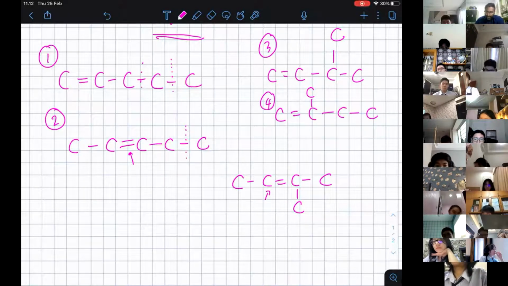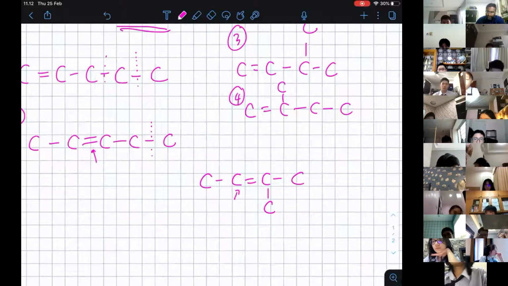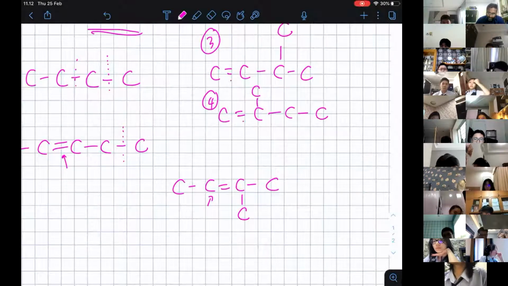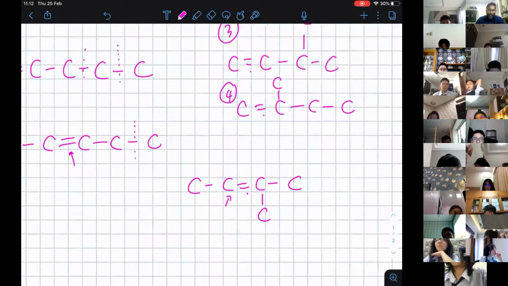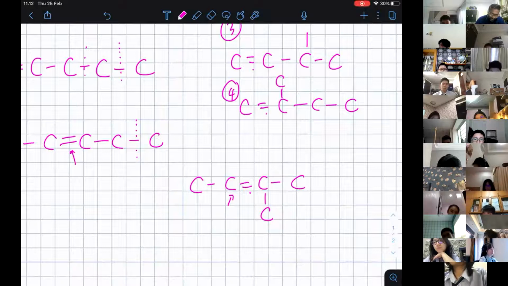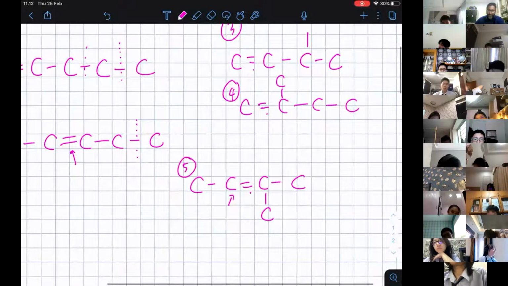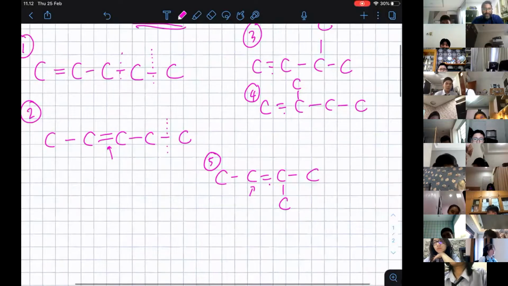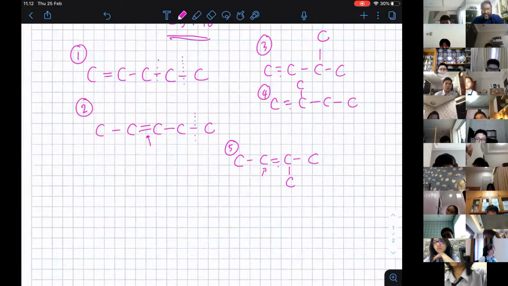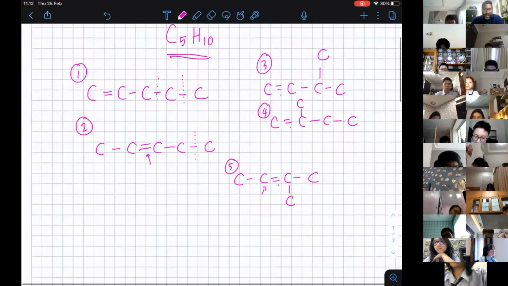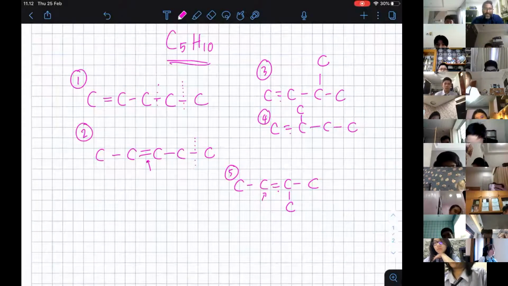You can see the double bond position is different: position 1, now position 2. Can I break another one? It's not possible anymore. So this is going to be the 5th. All these are representing structural isomers. If they ask you how many structural isomers C5H10 has, the answer is 5.